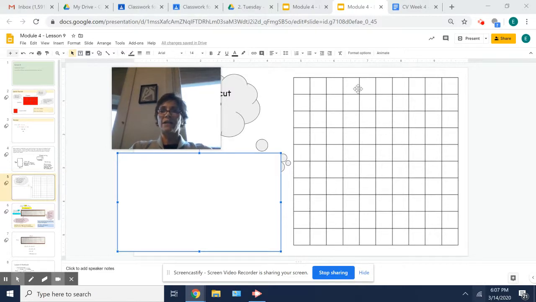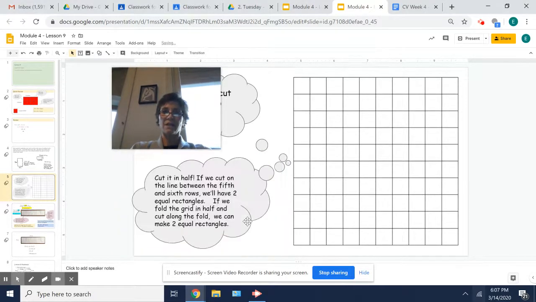So I can cut it along this line here after 1, 2, 3, 4, 5. And I will have 2 rectangles that are exactly the same. So we cut it in half. If we cut on the line between the 5th and 6th rows, we'll have 2 equal rectangles.